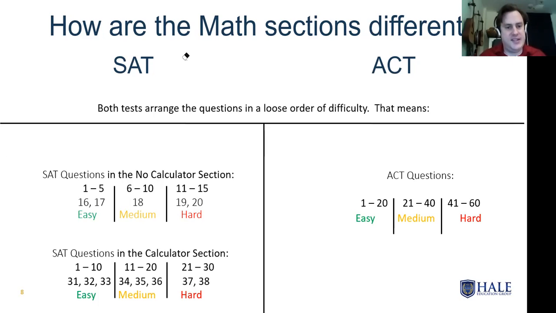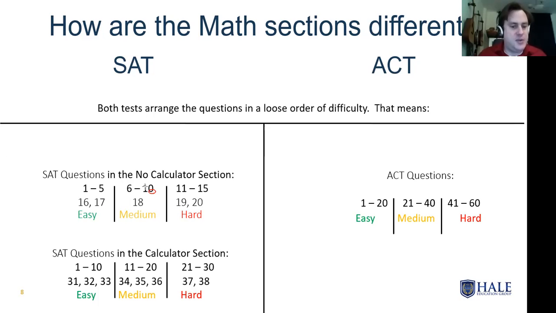You can see the ACT is much more straightforward. It's just straight 1 to 60. Now, that being said, this order of difficulty is not 100% accurate.